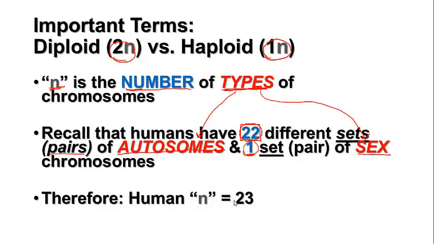So 22 different autosomes plus one sex chromosome type equals a total of 23 different types of chromosomes. So N is the number of types of different chromosomes.